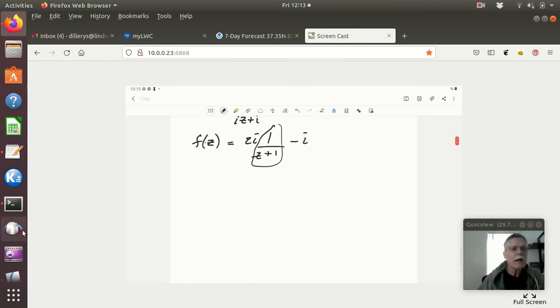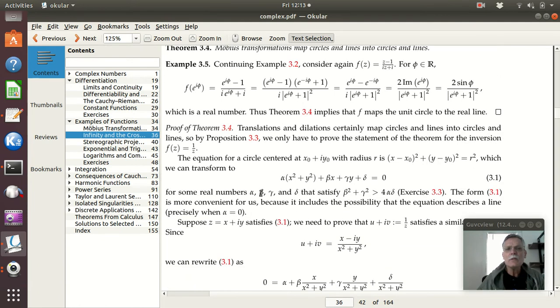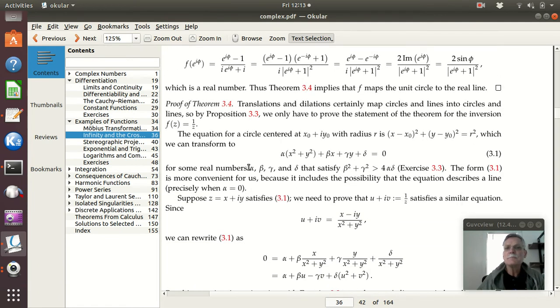Let me go back to the text. And so trying to go this route in here just really wasn't doing much for me. However, if we look at the proof of theorem 3.4, what they want to do is show that 1 over z, or that inversion, goes to either a circle or a line.